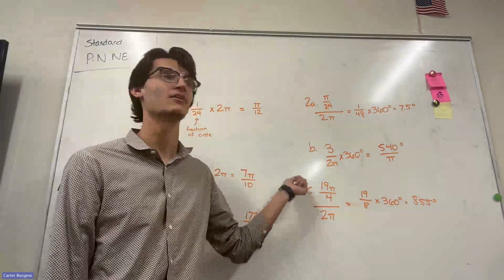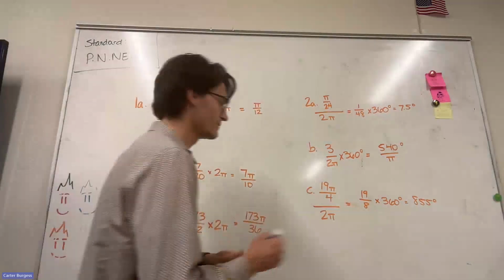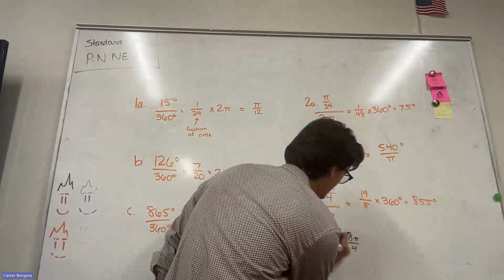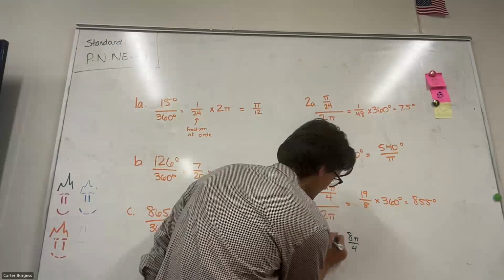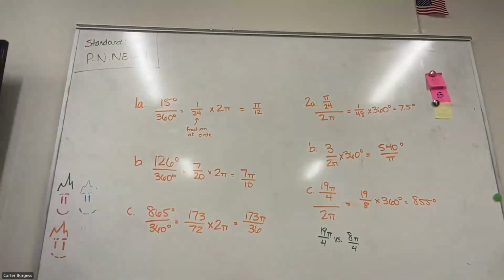What's maybe a nice way to compare it to 19 pi over 4 so we can make it really clear that 19 pi over 4 is bigger? Say maybe 2 pi is like 8 pi over 4. And so as it stands, ultimately, we're not able to do much with the 19 pi over 4.